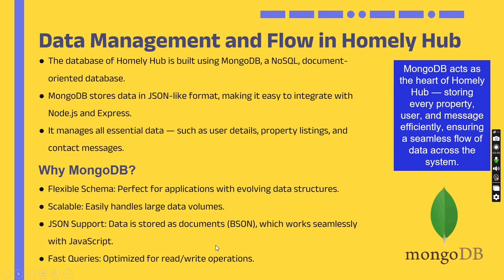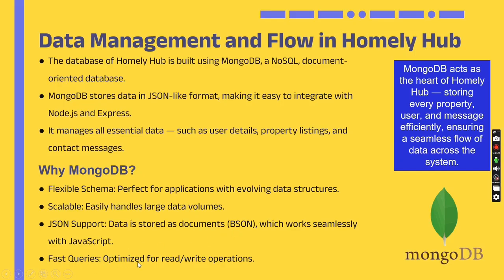Before that, let's see why we used MongoDB. First, flexible schema, easy to use and perfect for applications with evolving data structures. Scalable, highly scalable. JSON support: it stores data in the form of JSON, not exact JSON, but a kind of JSON known as BSON, which works seamlessly with JavaScript.